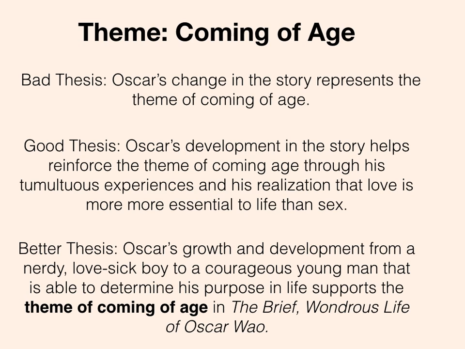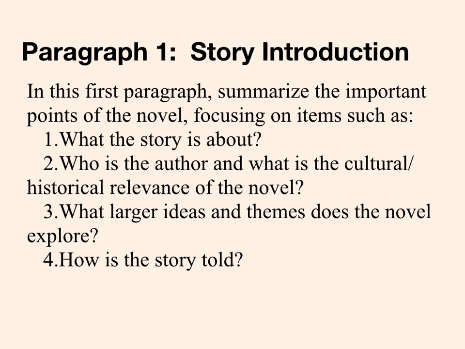So if you go to the paper that kind of explains the essay, I give you an example of what you need to do for each paragraph. So the first paragraph is the story introduction.